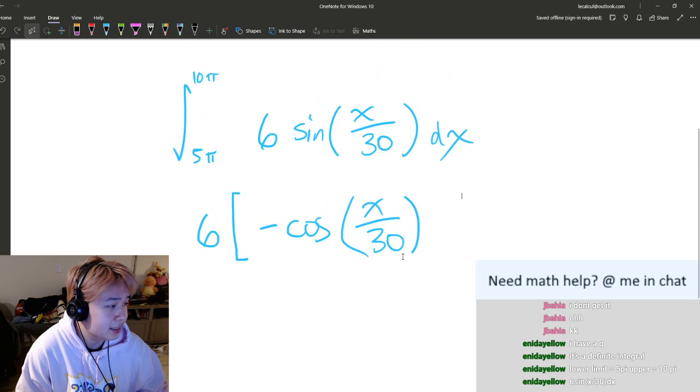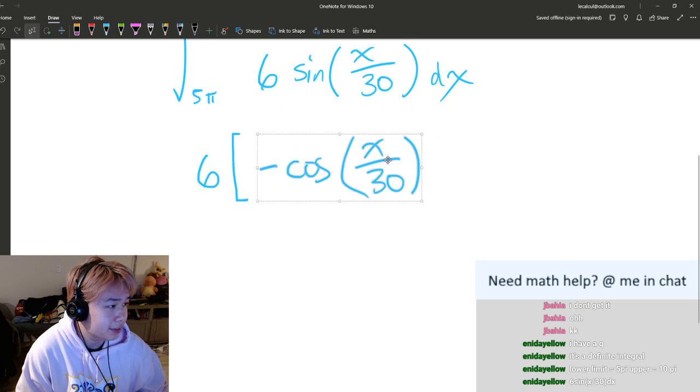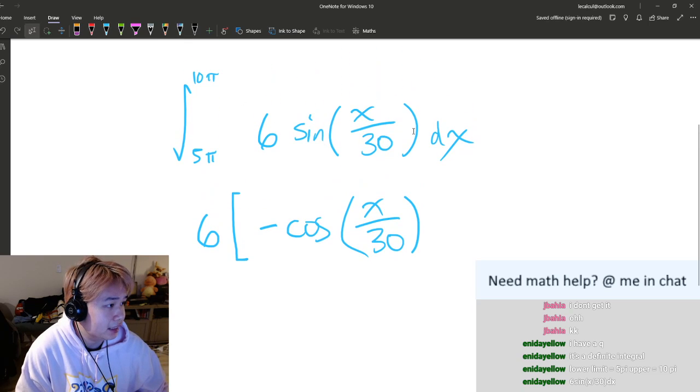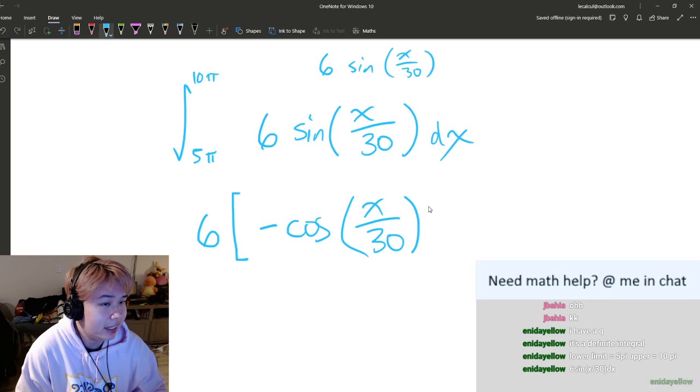So the issue is, when you take the derivative of this cosine x over 30 part, there's a chain rule involved. And when you chain it, you won't get 6 sine x over 30. You'll end up getting 6 sine x over 30 times the derivative of the x over 30, which is 1 over 30.